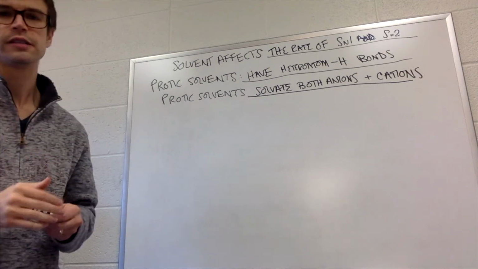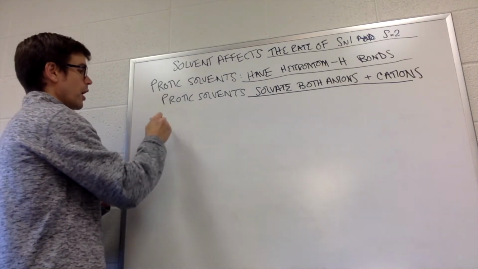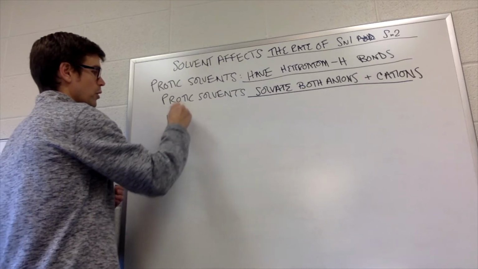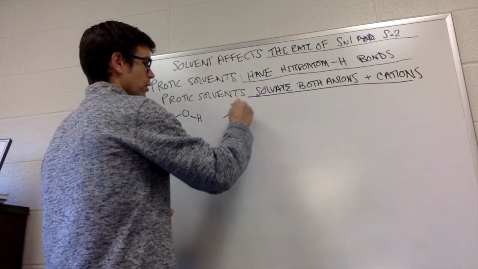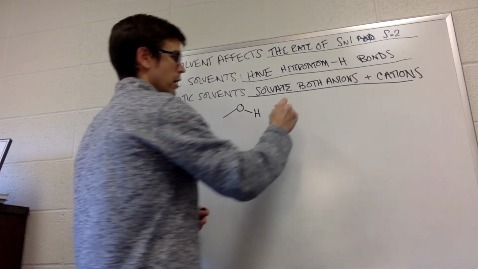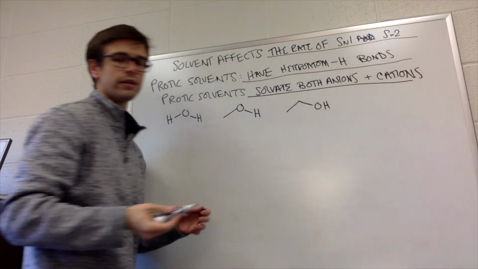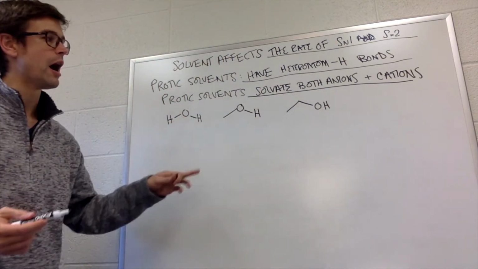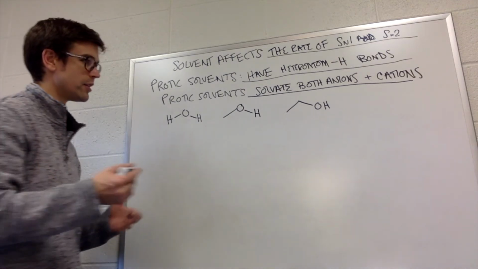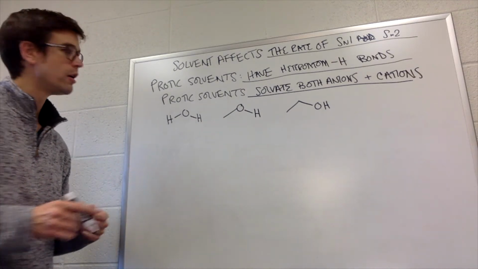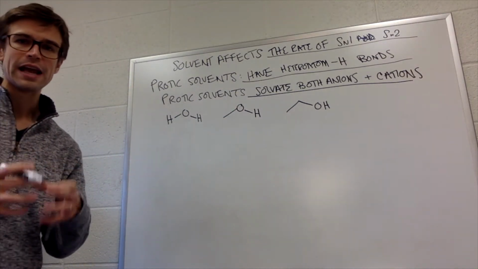Okay, so let's take this a step back. What is a protic solvent? An example of a protic solvent would be water. Another would be methanol, ethanol. All of these have the heteroatom-hydrogen bonds. And what makes that unique about protic solvents is all of them have a strong dipole between atoms that have relatively small radii.